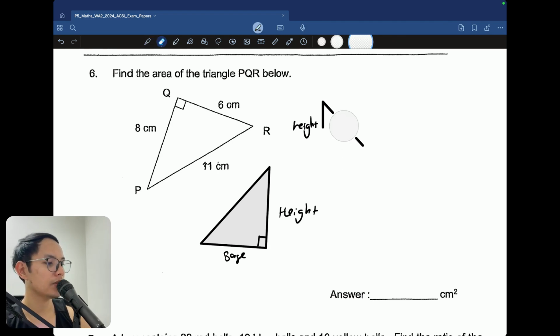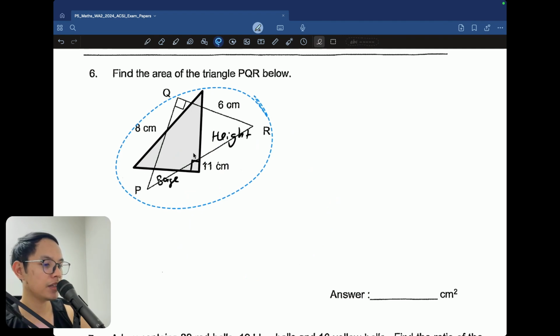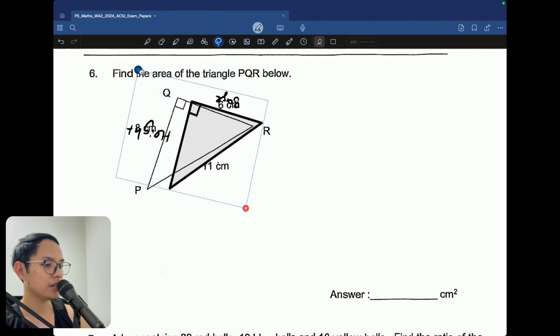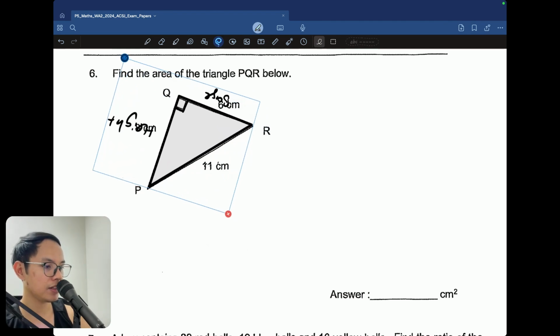Now if I were to move everything back to its place, I'm going to resize this, and this is how it looks. Almost there, and there you go.